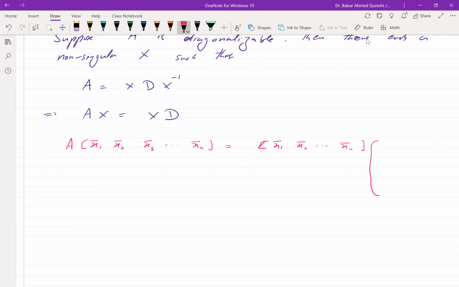So let's call these diagonal entries d11, d22, up to dnn. And I know how a diagonal matrix multiplies to this, and on this side, I know that this multiplies in this way.